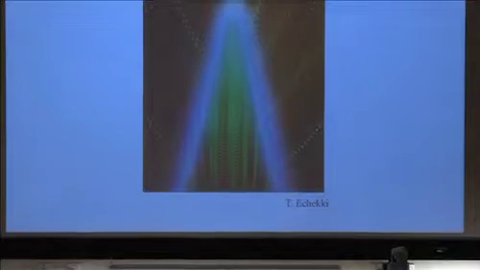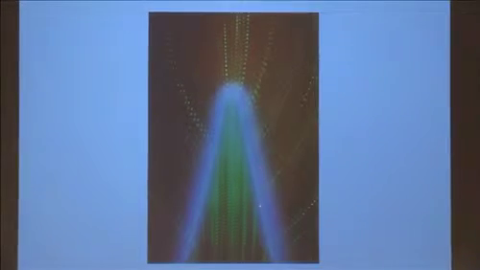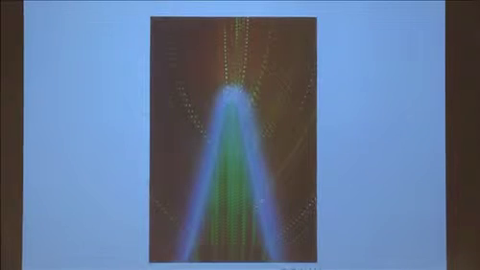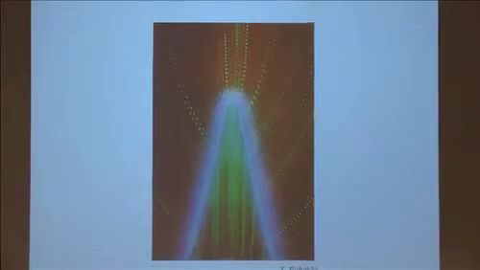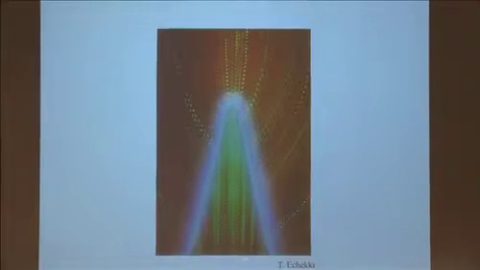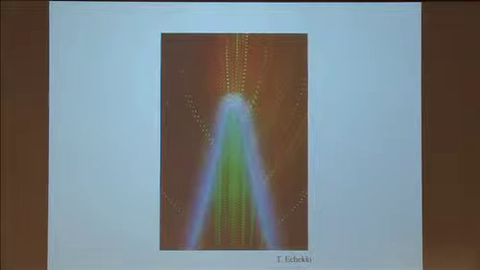For example, if you look at a Bunsen flame, you see that the flame region is this very thin dark blue region compared to something which is relatively much larger, which is the size of the Bunsen burner.